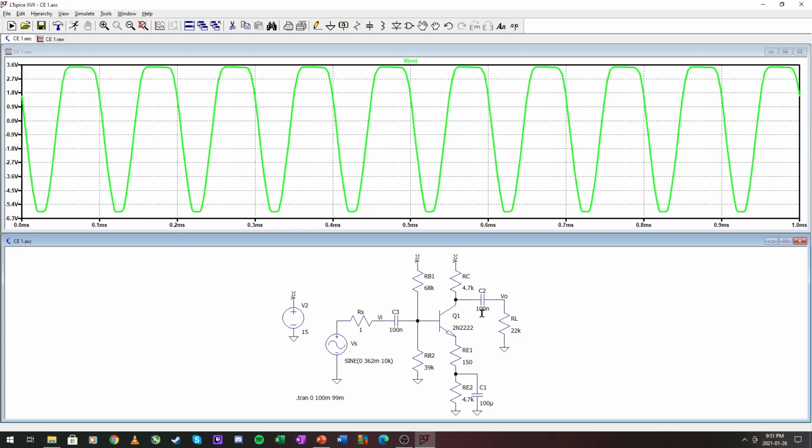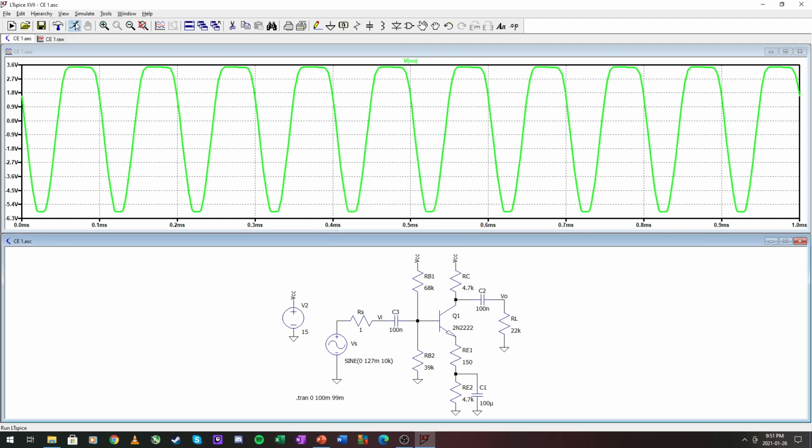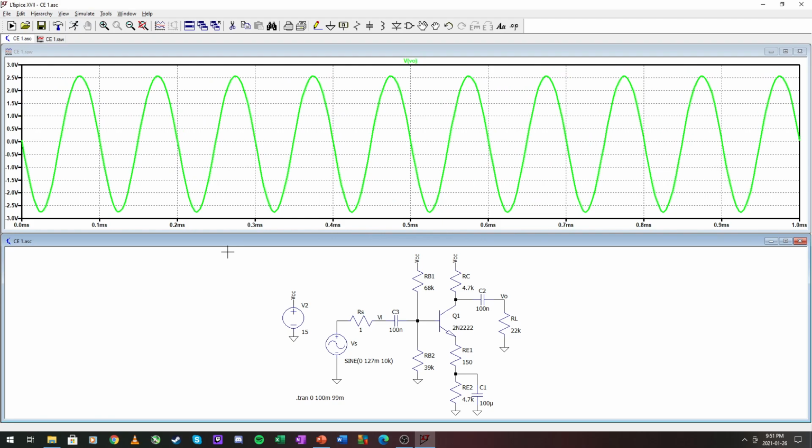That's the one where it actually clips, and it clips on both sides. Taking this and putting in the 127 milli, it will be kind of linear again. Okay, it's still not linear, but it looks better than our previous problem.